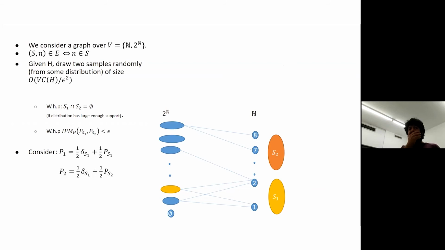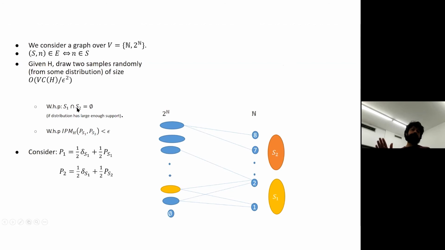The second, important thing is that the IPM distance between the empirical distribution over S1 and the empirical distribution over S2 is going to be very close. In other words, the hypothesis class is not going to be able to distinguish between S1 and S2.